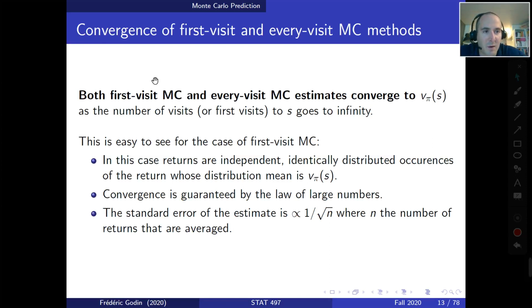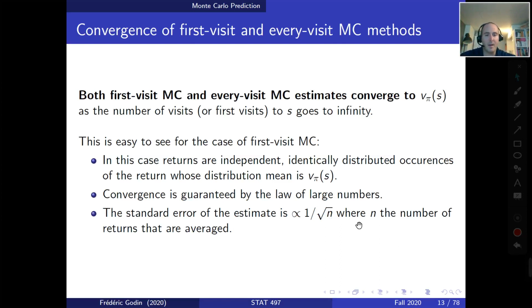So it's a very well-known result that when you average IID random variables, their average will converge to the mean with probability 1. Okay, so this is the strong law of large numbers, and we know also the speed of convergence. So the standard error of the estimate, which is the standard deviation of our estimator, converges at the rate of 1 divided by the square root of n, where n is the number of returns that are averaged.